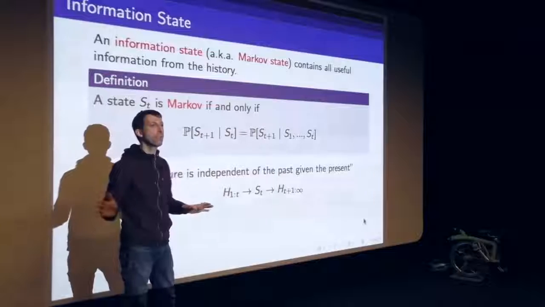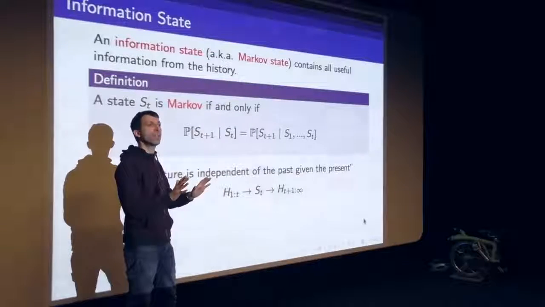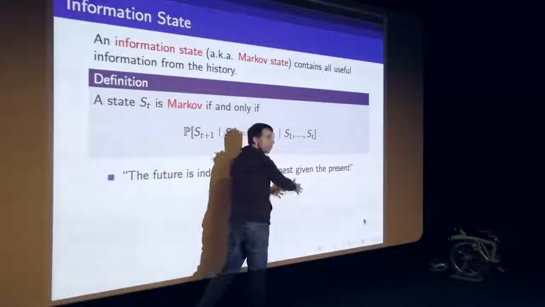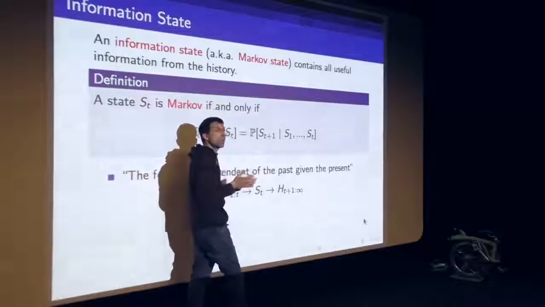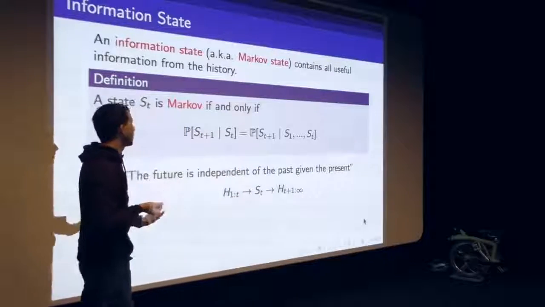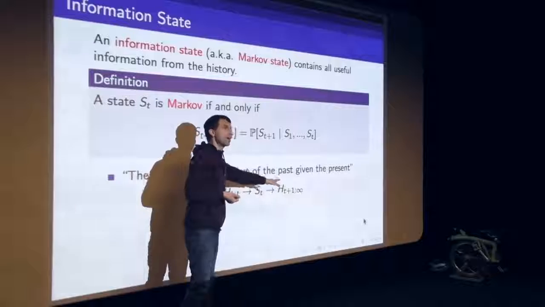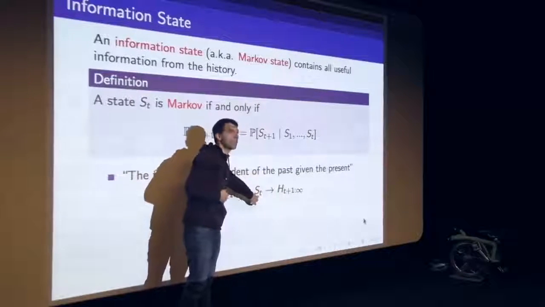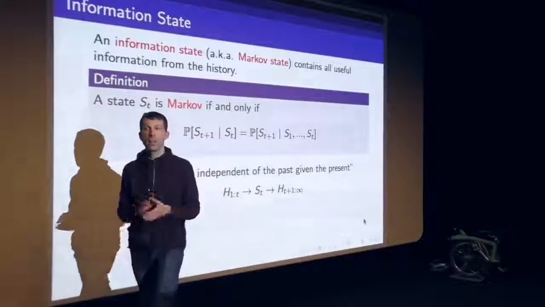It means you can throw away everything that came before, just keep your state, and you're good because you haven't given up anything. That state still characterizes everything about the future: all future observations, actions, rewards. The distribution over those events is the same conditioned on your state as it is conditioned on the whole history. So you can give up the history, work with something much more compact, and everything will be fine.